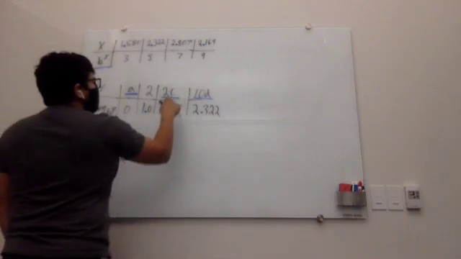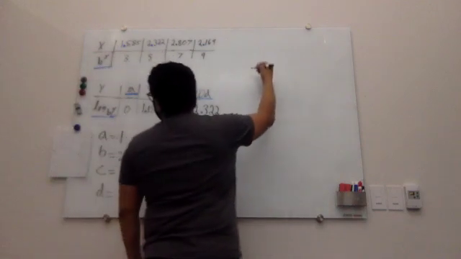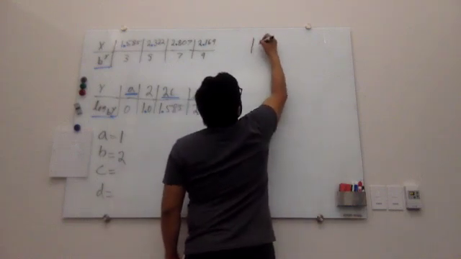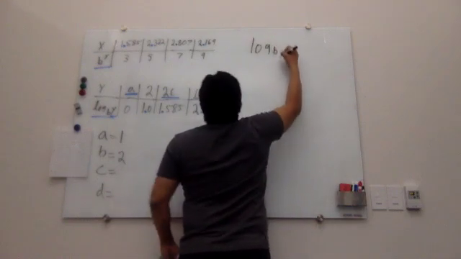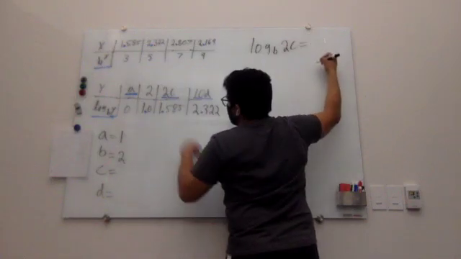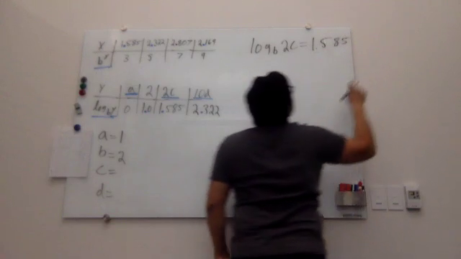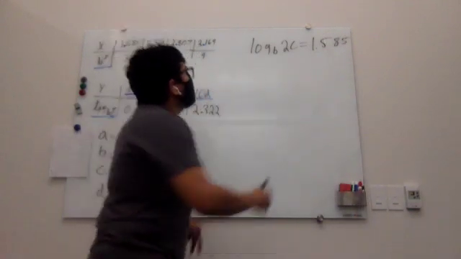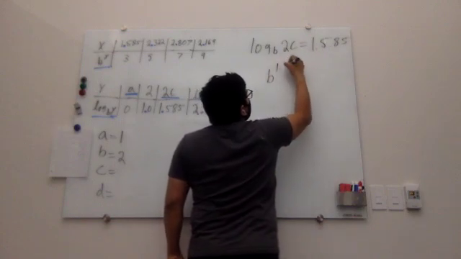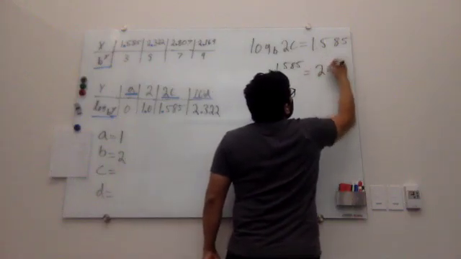We have log base b of 2c equals 1.585. So let's take a look. We have log base b of y, equaling 2c, equals 1.585. So b to the 1.585 power equals 2c.